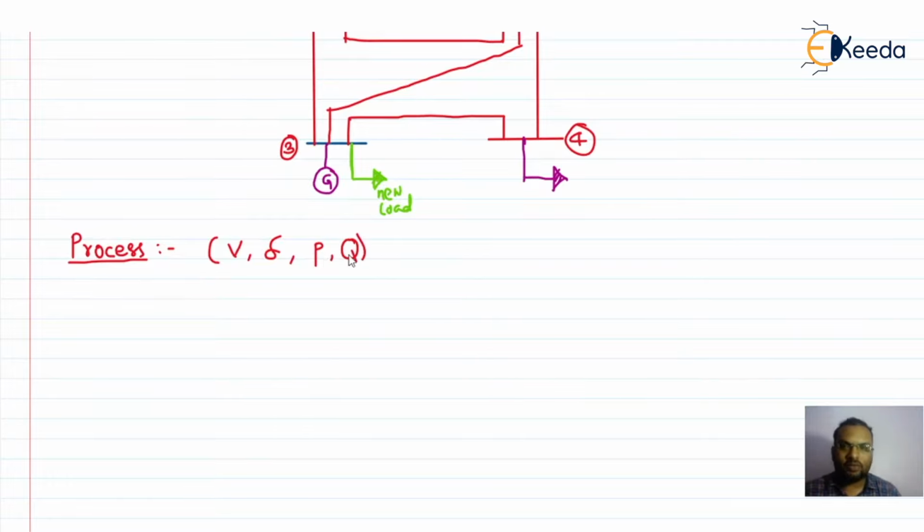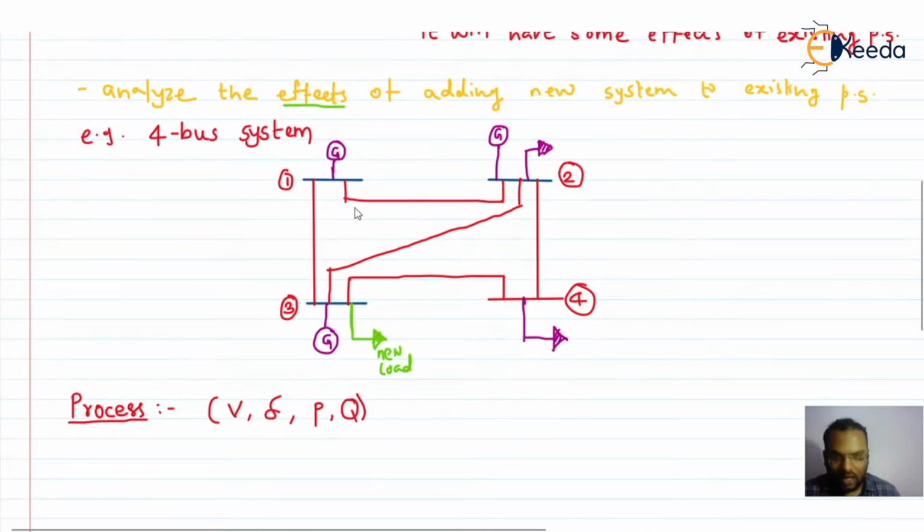We are concerned with finding these four parameters at various points in the power system. Whatever power system we have, it is very difficult to analyze this actual power system to find out these four quantities.